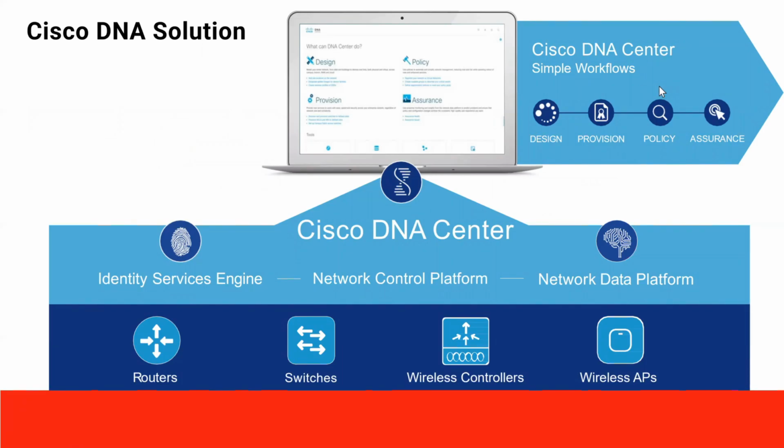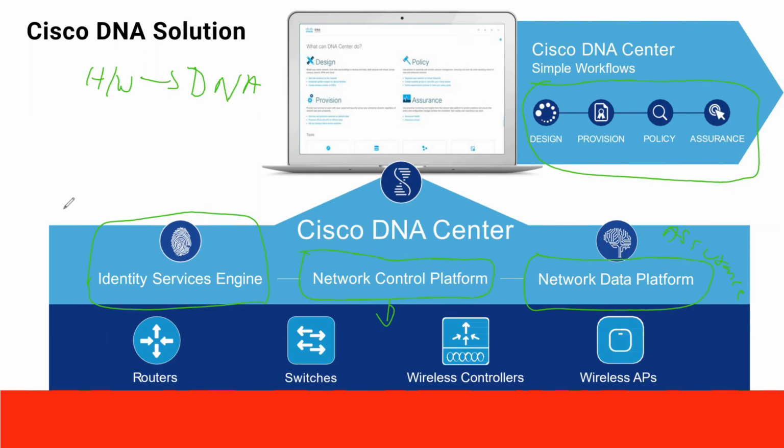So this is the DNA Center, where someone was asking about design, provision, policy, assurance. This takes care of design, policy, provision, and assurance, integrated with ICE for the policy part, the network control platform for the automation on these devices, and the network data platform for the analytics, or you can say the assurance. To keep it simple, DNA is a hardware box. ICE is available both as hardware as well as virtual.